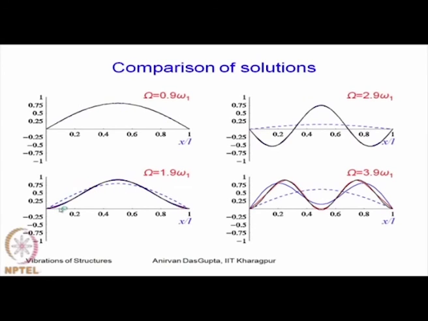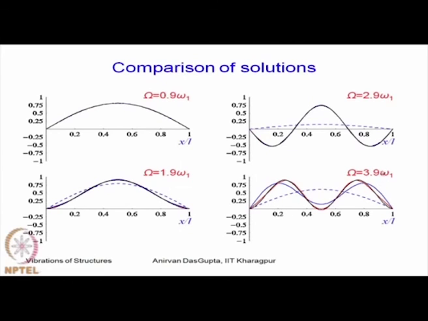You can see that this deviates considerably from the actual solution, while when you take 2 terms or 3 terms in the series, they are matching quite nicely. This is when the forcing is close to the third natural frequency. You see the one term series solution is quite off, while when you consider 2 terms or 3 terms, they are matching quite nicely with the exact solution.